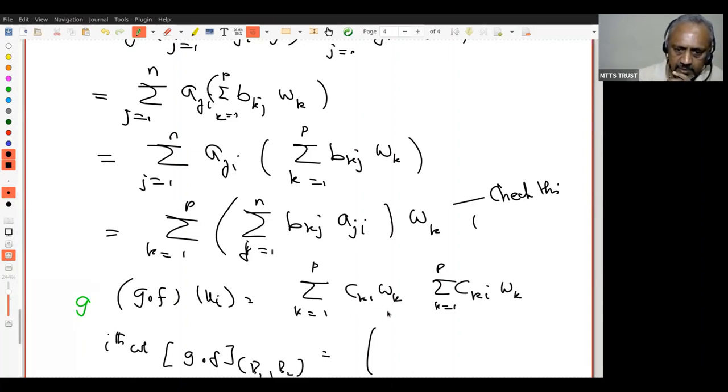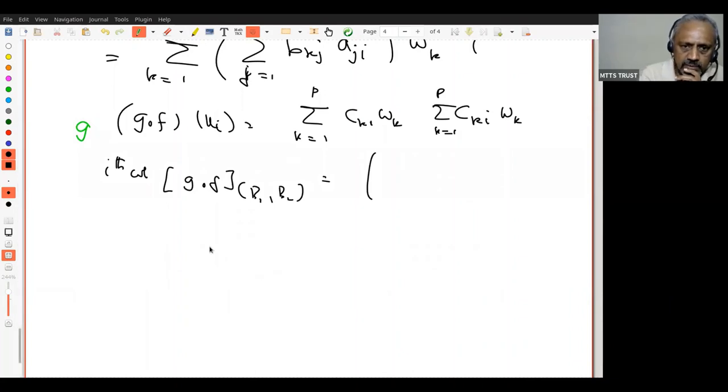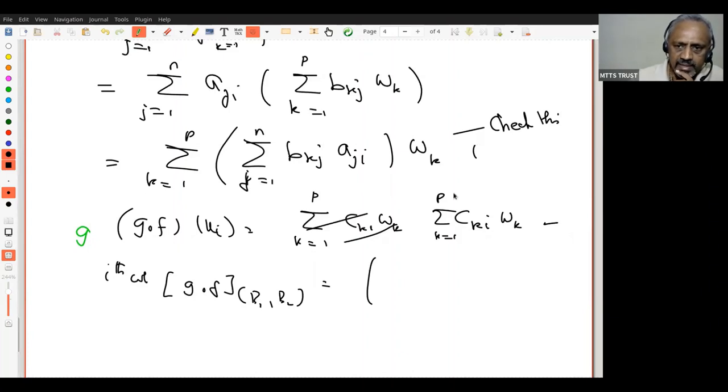That's it. So let us write g composite f of u_i as summation c_ki w_k. This I can do. But I have written g composite f of u_i already as this. Therefore, what should be my c_ki? You understand this? Compare this one dagger and compare this star.